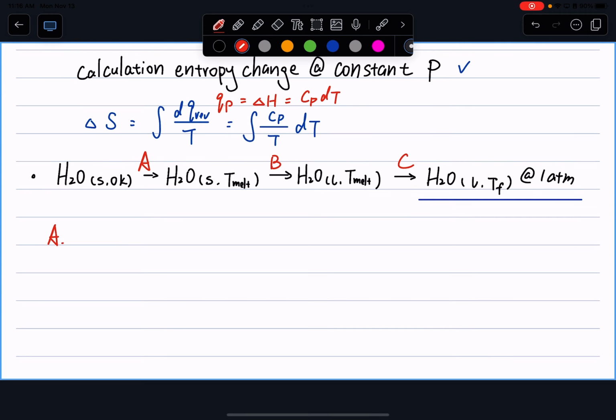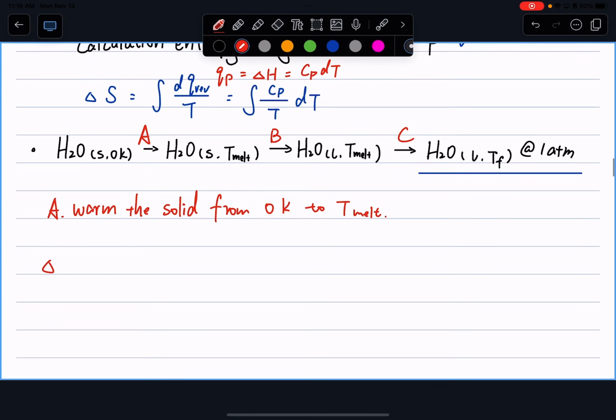Number one, we're warming the solid from 0K to the melting point. So our delta S_A equals the integral from 0K to the melting point of Cp over T dT for H2O as a solid.